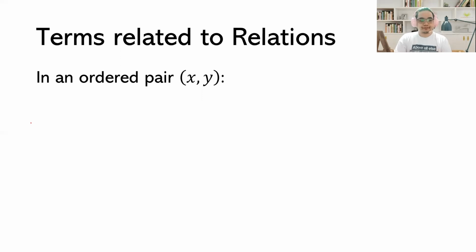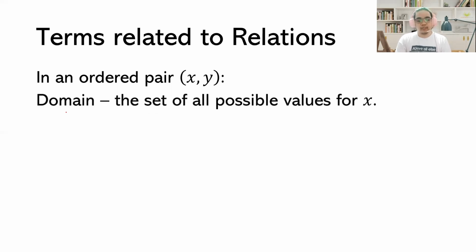Now, in an ordered pair (X, Y), we have what we call the domain. The domain is the set of all possible values for X. In this pair, X comes first. So the domain is what we call the first elements of the ordered pairs.